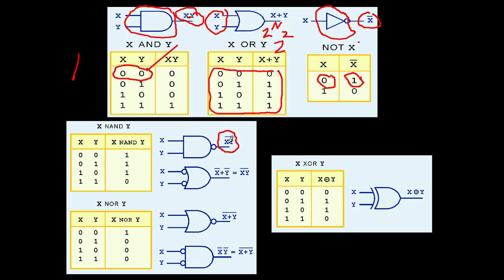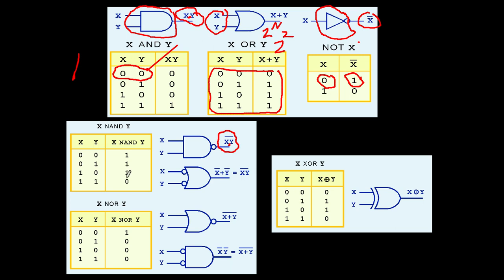Remember, we can have a NOT of a product. This is the complement, the inverse, the bar here, and it goes over both of them: X dot Y, both under the bar. This is the NAND gate, which takes two inputs, and it's the invert of an AND. So I have 0 0 as 1, 0 1 as 1, 1 0 as 1, 1 1 as 0.